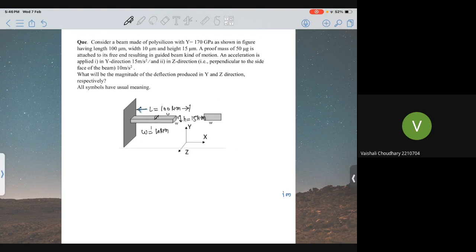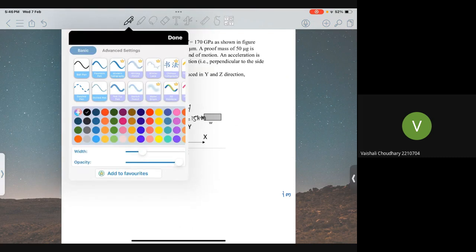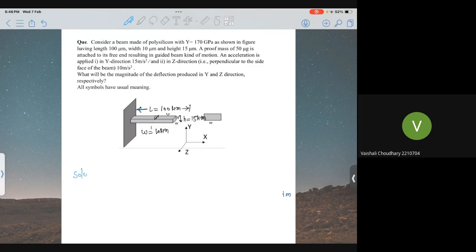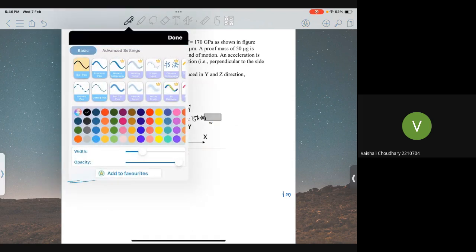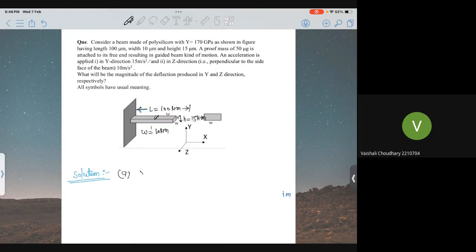Okay, so in the first question the acceleration is applied in the y direction. Solution: y direction. Okay, and the acceleration in this direction is 15 meter per second square.